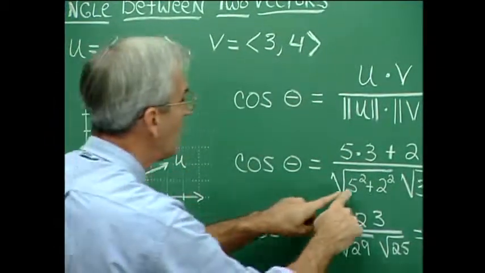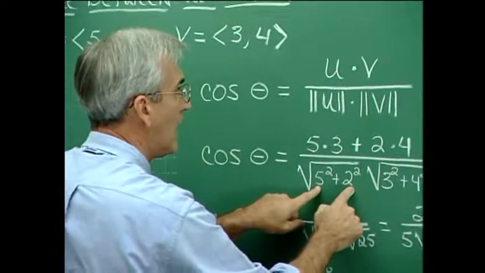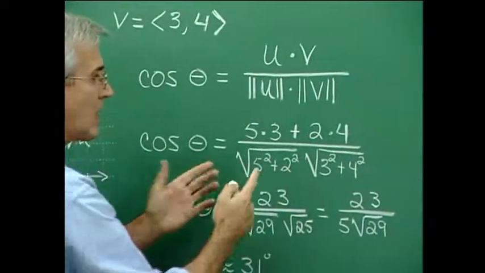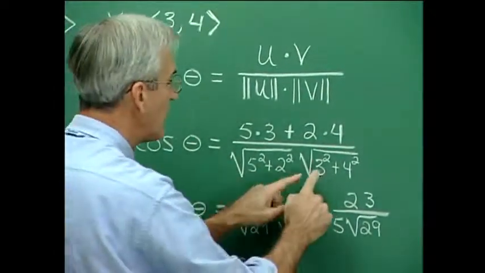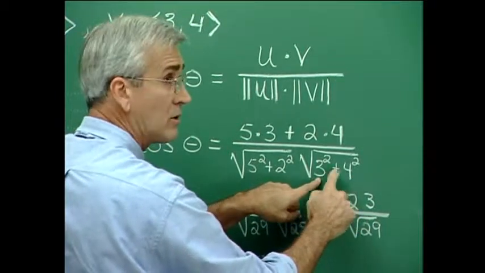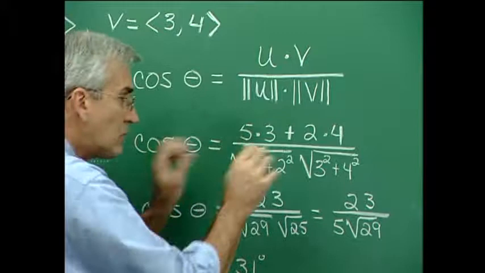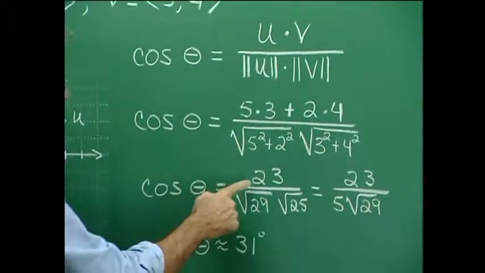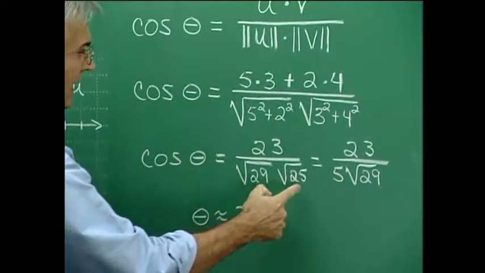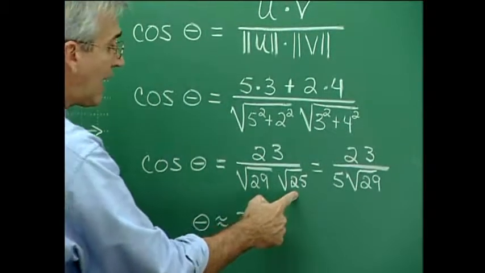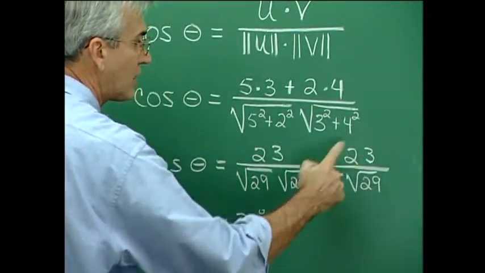So it's the square root of 5 squared plus 2 squared. And for the magnitude of v, same idea, the square root of 3 squared plus 4 squared. And then simplifying a bit, we find our fraction to be 23 over the square root of 29 times the square root of 25. The square root of 25 is 5, so we get this fraction.